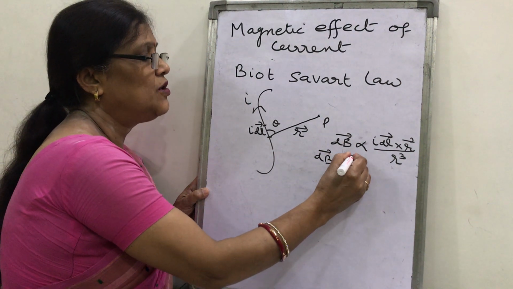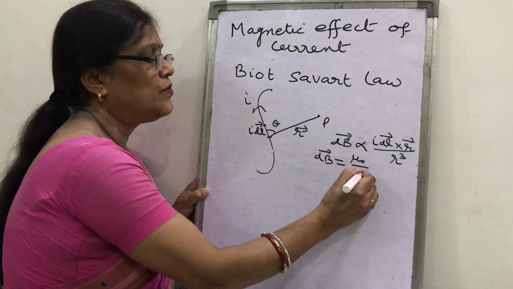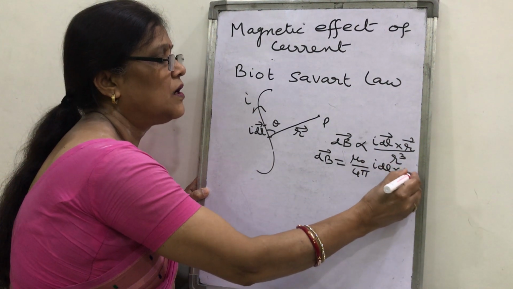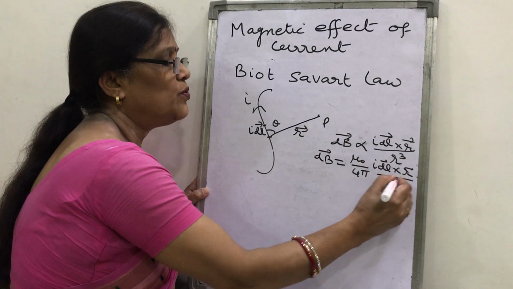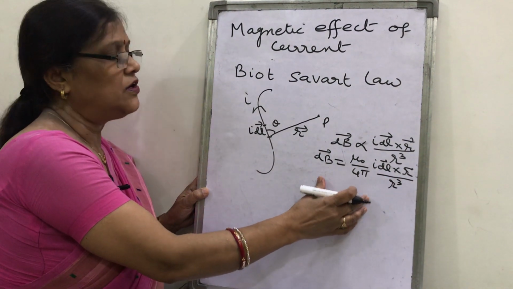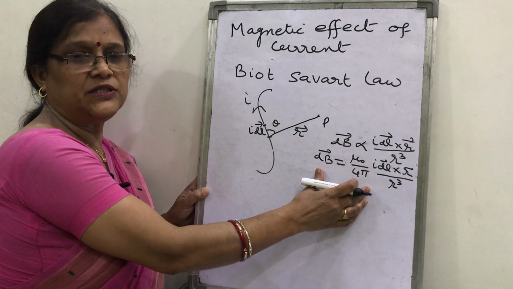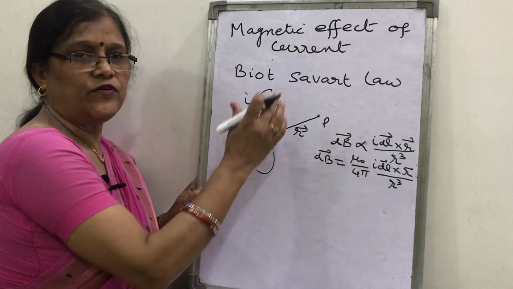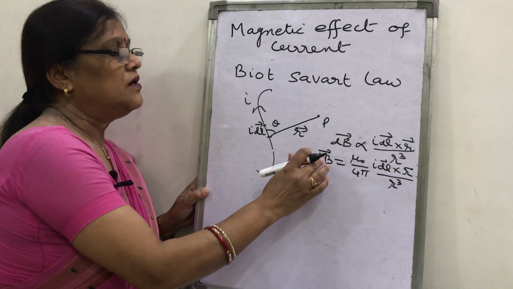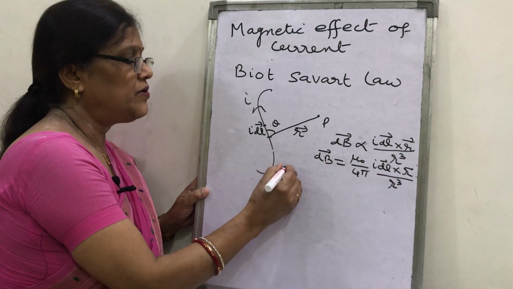This is mu naught upon 4 pi, I dl cross r upon r cubed. This is the vector form of the Biot-Savart law, and it is asked in the examination also: write the vector form of Biot-Savart's law.